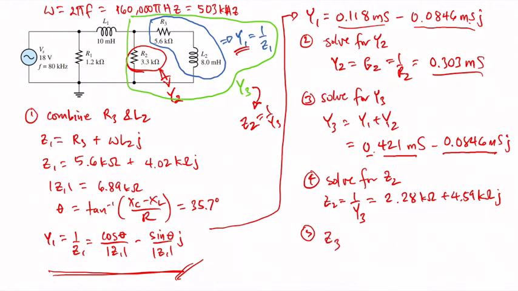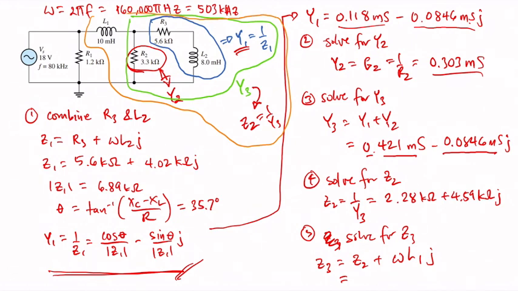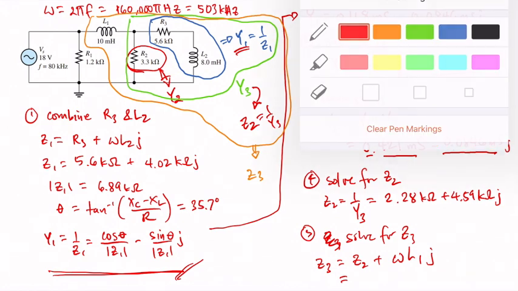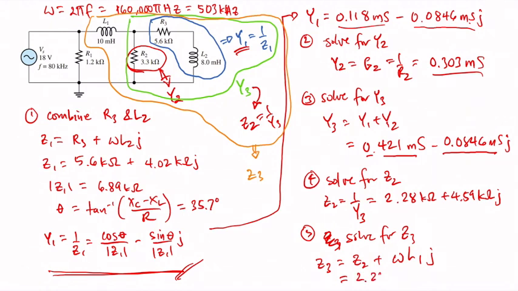Z3 is equal to Z2 plus omega L1 j hat, and Z3 will have a value of 2.28 kilo ohms plus 5.49 kilo ohms j hat.